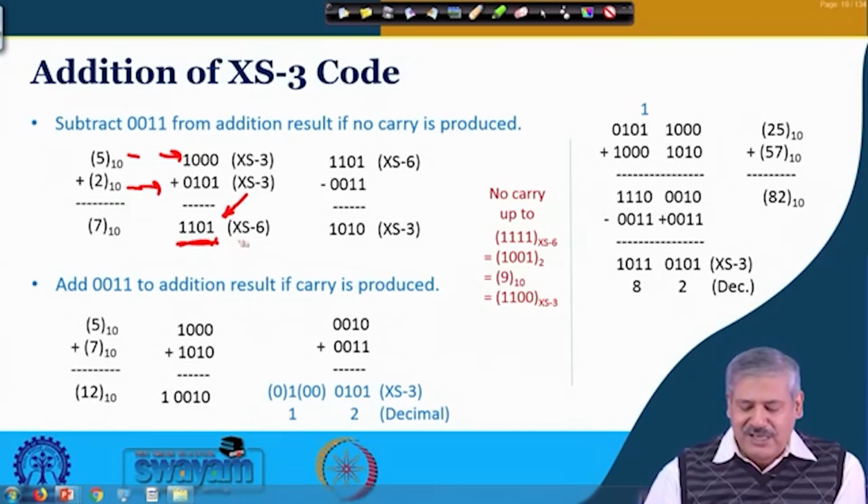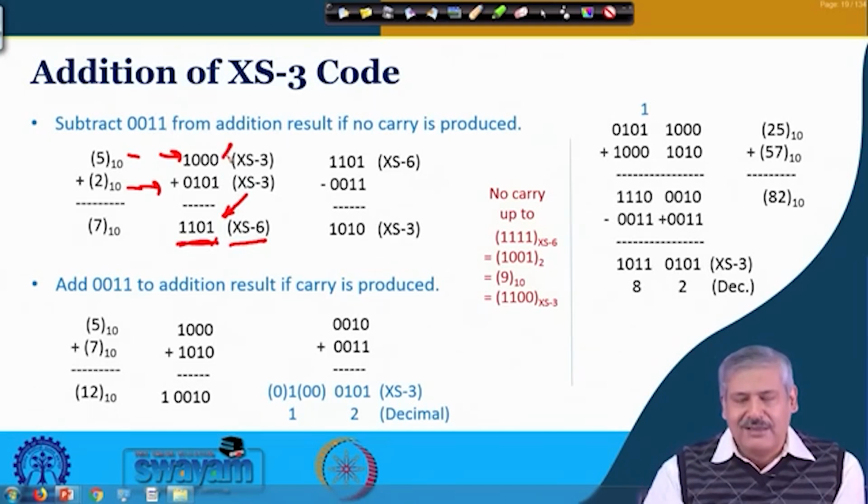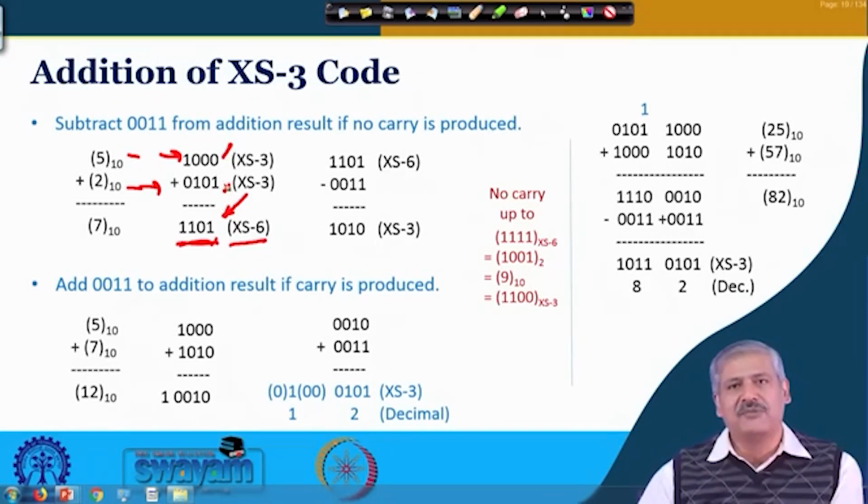So, basically what you get here is XS6, the binary coded number plus 0011 coming from here and 0011 coming from here.